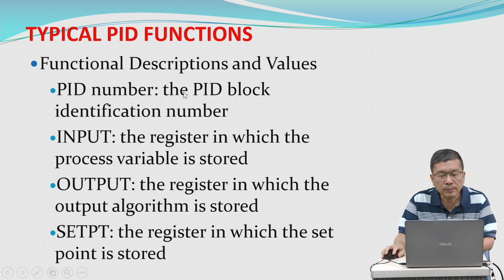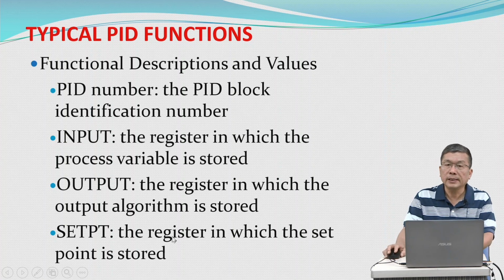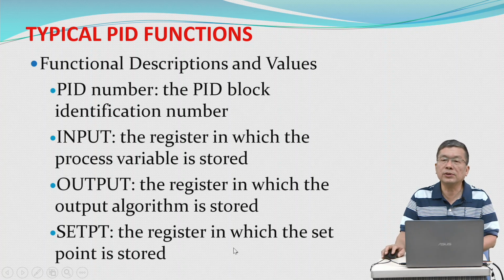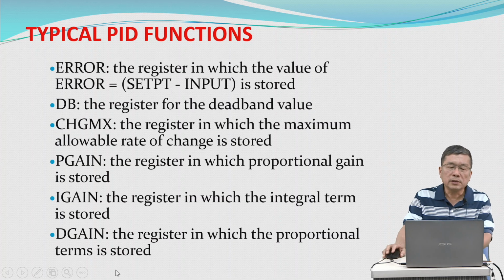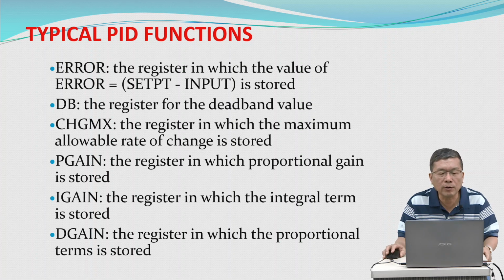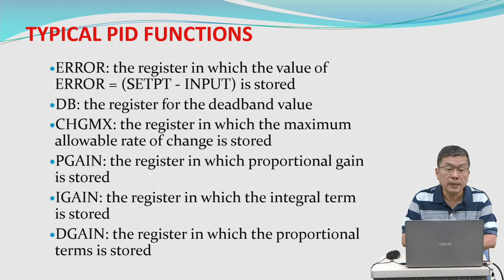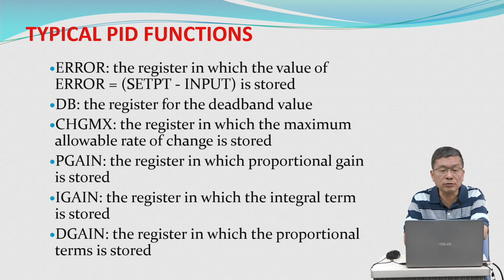PID number, the PID block identification number. Input, the register in which the process variable is stored. Output, the register in which the output algorithm is stored. Set point, the register in which the set point is stored. Error, the register in which the value of error equal set point minus input is stored. dB, the register for deadband value.